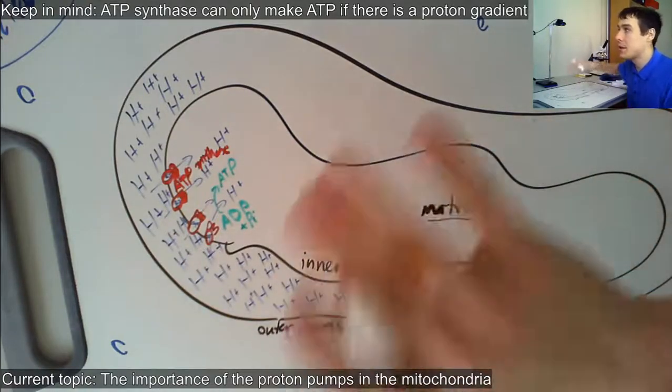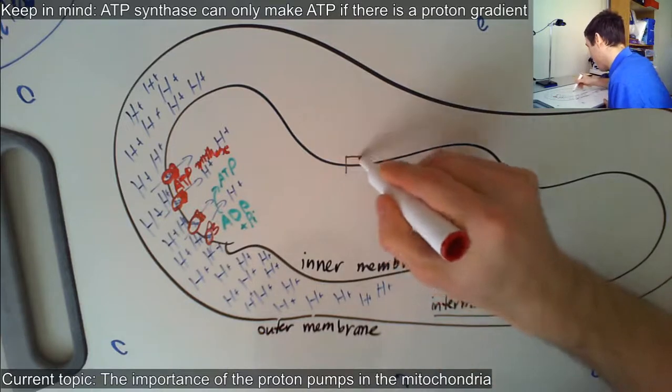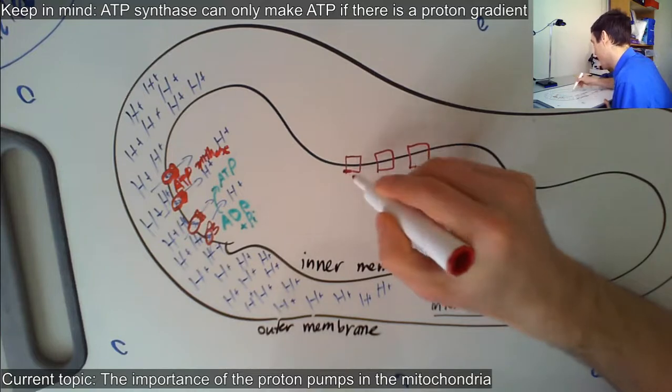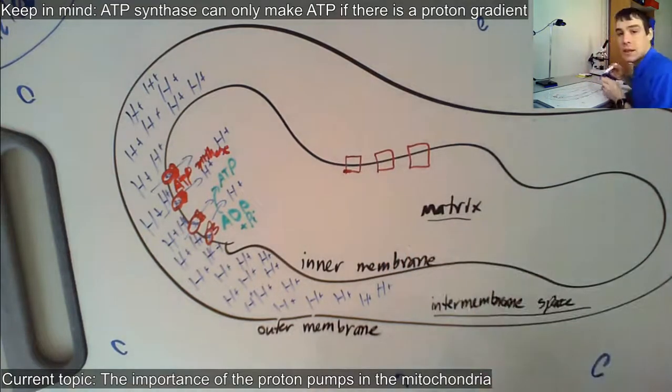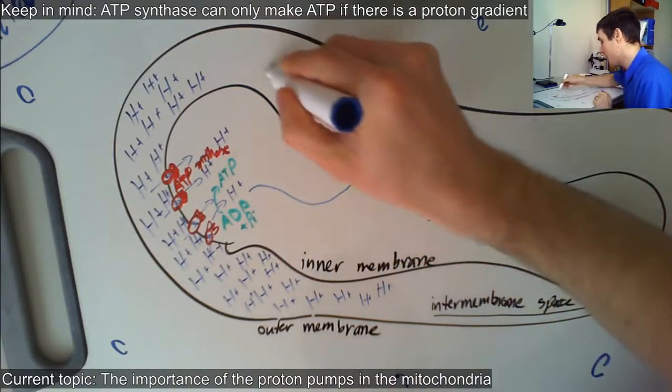This process is happening constantly. So we have these pumps. Right, I'm gonna make them little blocks, and the pumps, their job is to take the H plus from inside and push it back out.